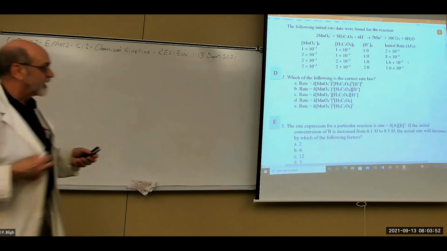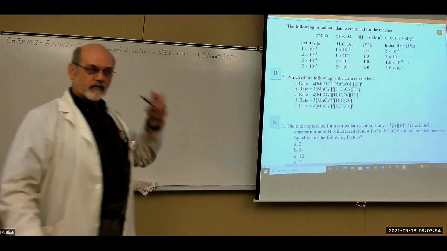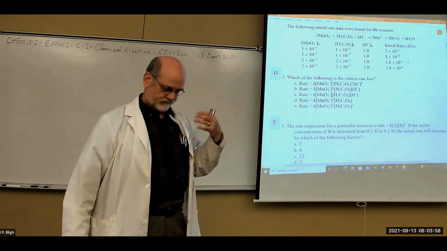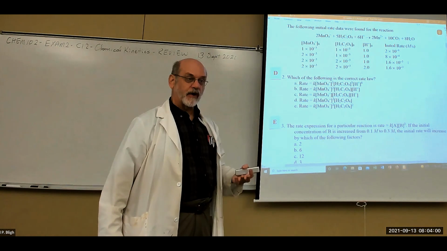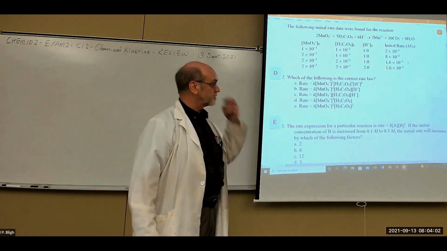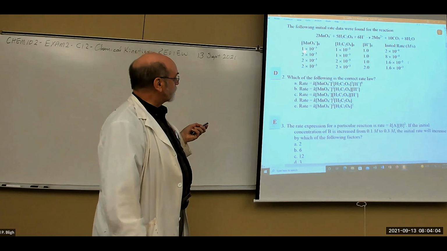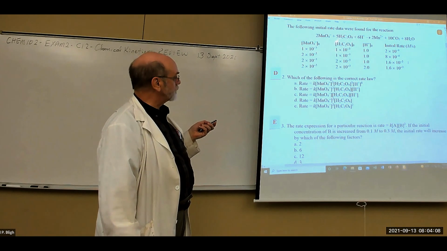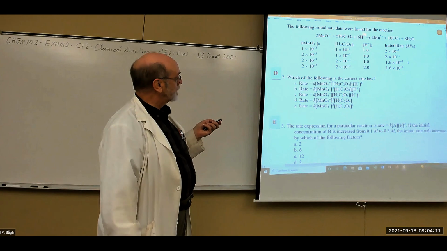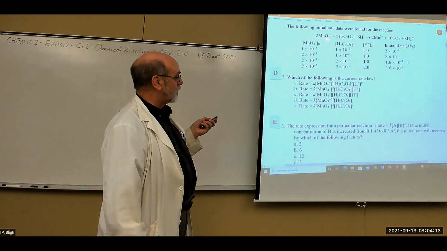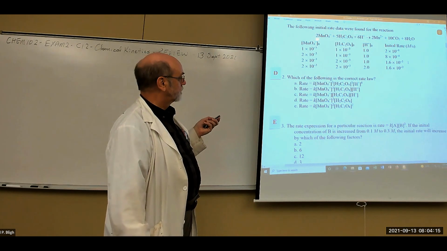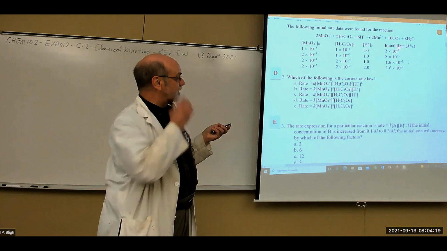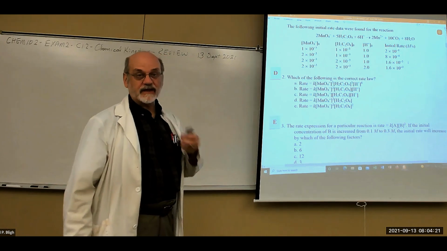All right. So remember when we're doing initial rates, multiple experiments are required. We have separate experiments and we modify the starting concentration for each of the reactants in our balanced equation. Then we determine the rate, in this case in molarity change per second.